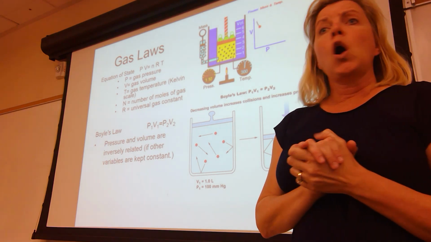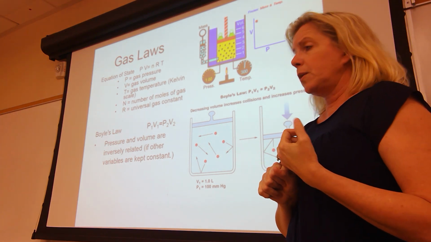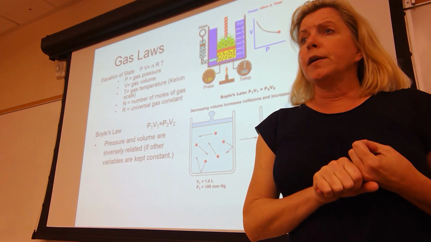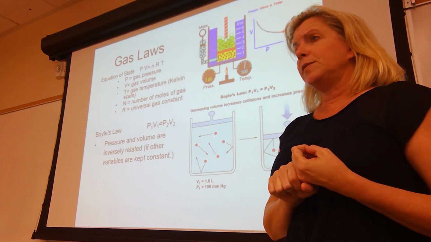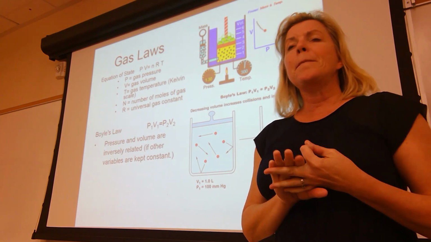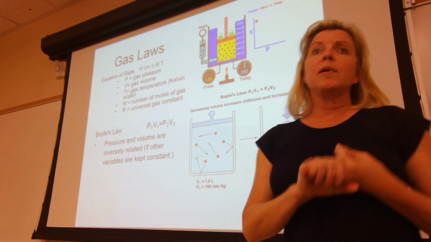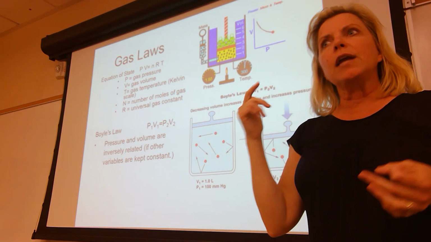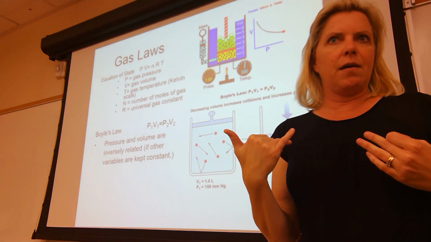Well, we are homeotherms, so we don't need to worry about temperature. And R is a constant, and constants don't change, so we don't need to worry about that. The number of moles, the amount of air we're breathing, does not really change from moment to moment under healthy conditions.